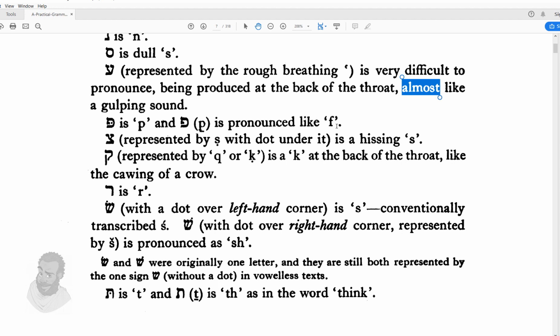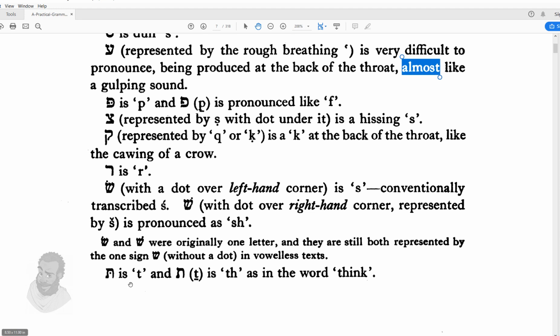So we took over the Canaanite writing system. So before that, the archaic one is different than the pre-archaic, then you have classical, biblical, and it continues onto that. Okay. So Taw and Thaw is th, as in the word think. Okay, as in the word think.